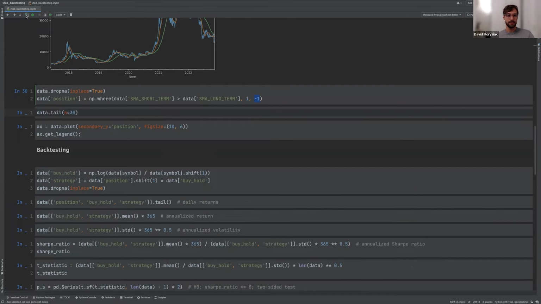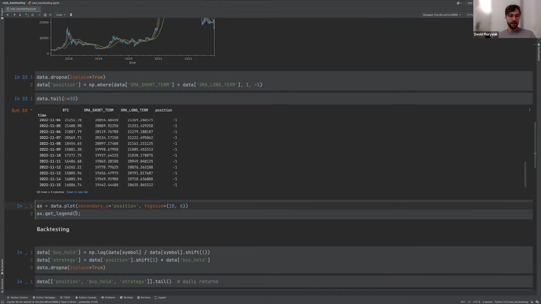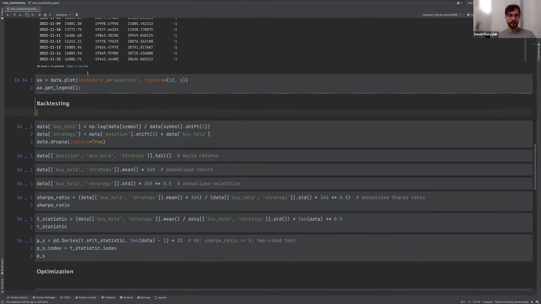And here you can see we just added a column with a position. For example, on the 25th of December, the short-term average is smaller than the long-term average, so it is a sell signal and we are short. How does this look in a graph?